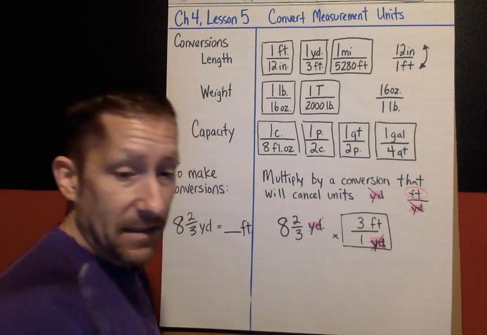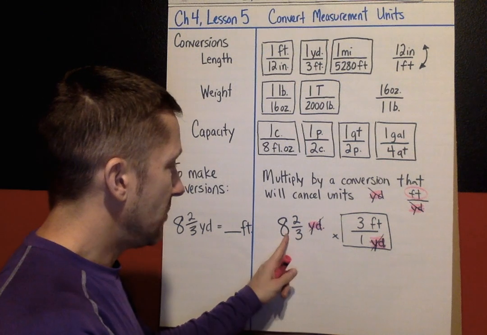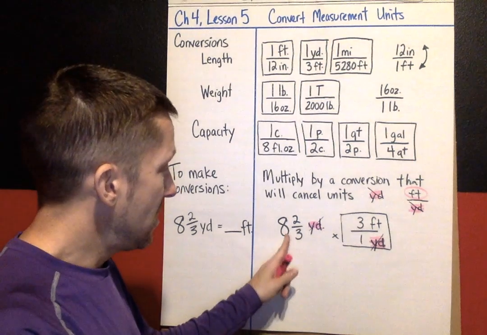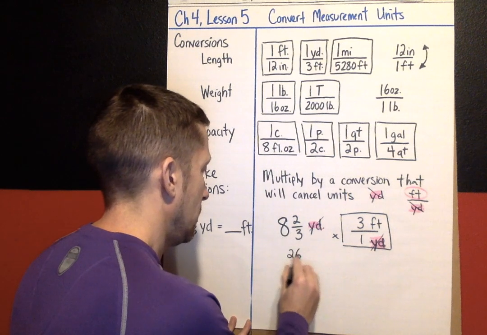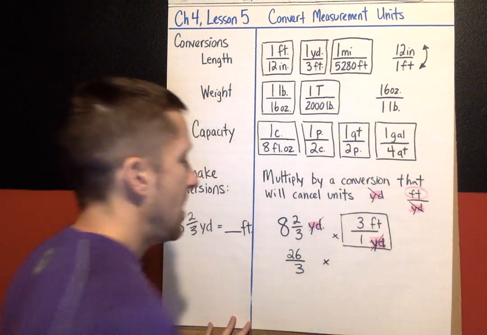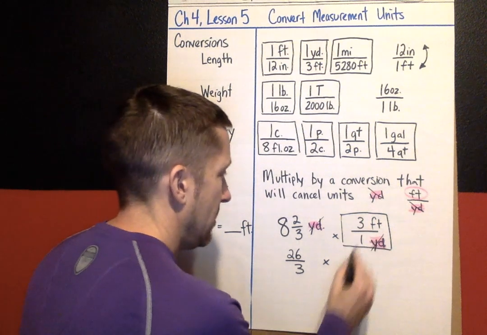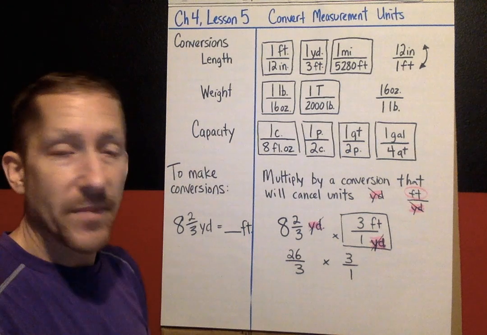So I'm going to make 8 2/3 improper: 3 times 8 is 24, plus 2 makes 26. My denominator stays 3, and then I'm going to multiply times 3 over 1.